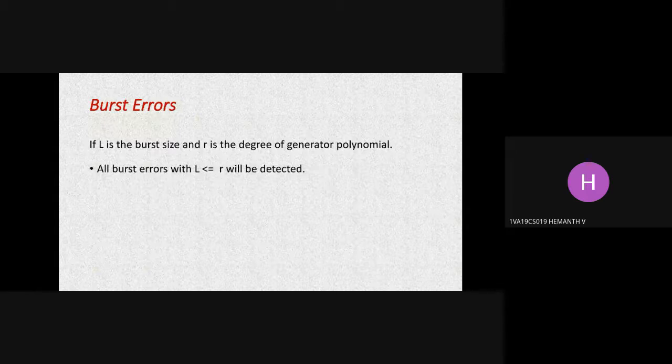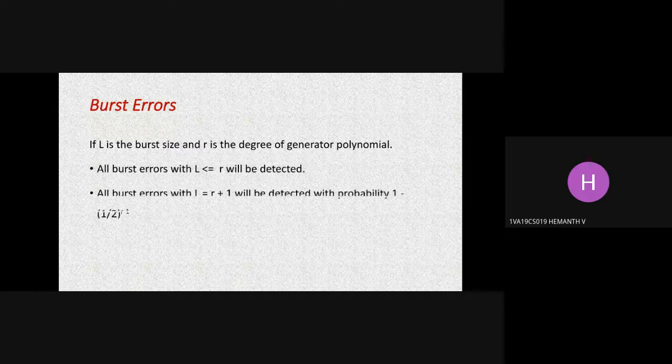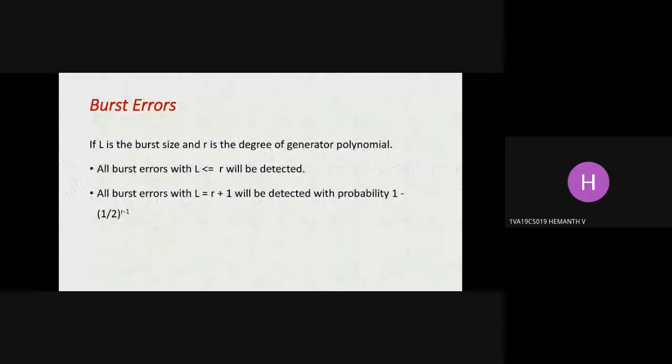So if L, the burst size, is lesser than or equal to R, the degree of the generator polynomial, then all burst errors can be detected. Next, all burst errors with burst size L equal to R plus 1 will be detected with probability 1 minus 1 divided by 2 whole power of R minus 1.